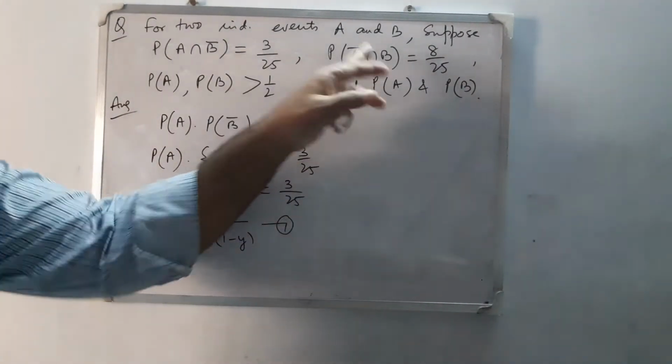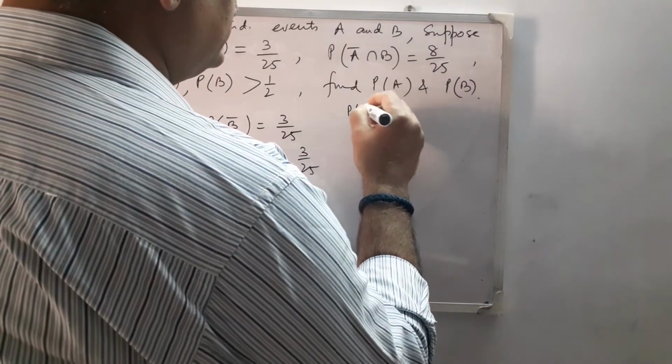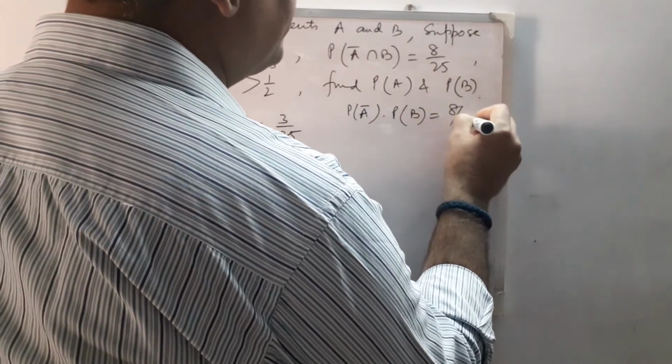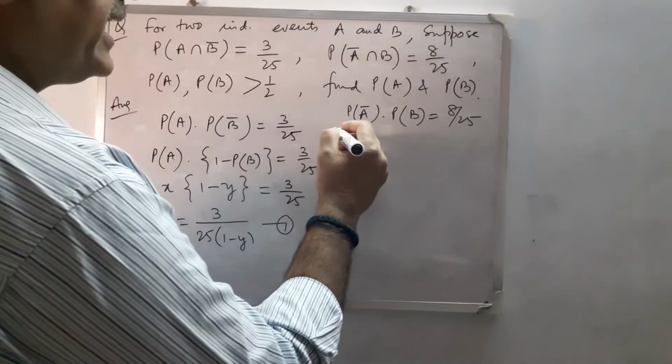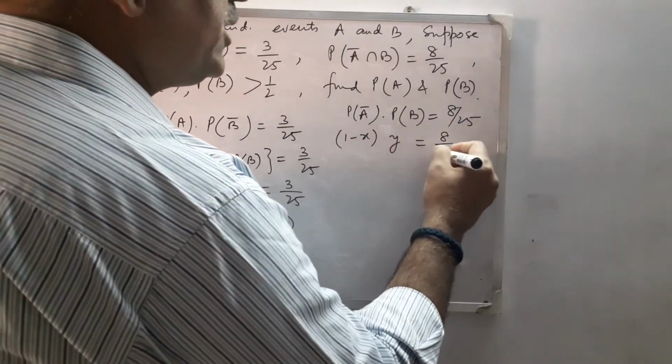Again, from the second result, we can write P(Ā) × P(B) = 8/25. So this P(Ā) can be written as (1 − X) × Y = 8/25.